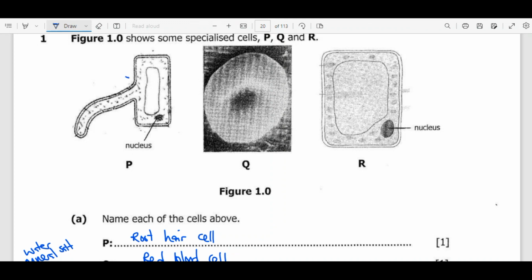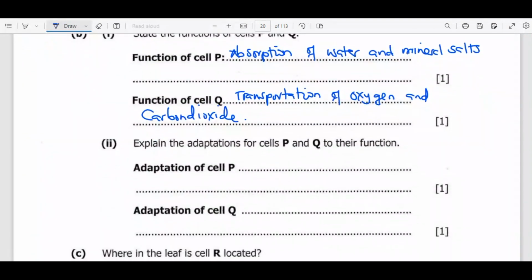When you look at the elongation here, this elongation increases the surface area for absorption of water and mineral salts. Because of this, it is possible for it to absorb the amount of water needed by the plant.